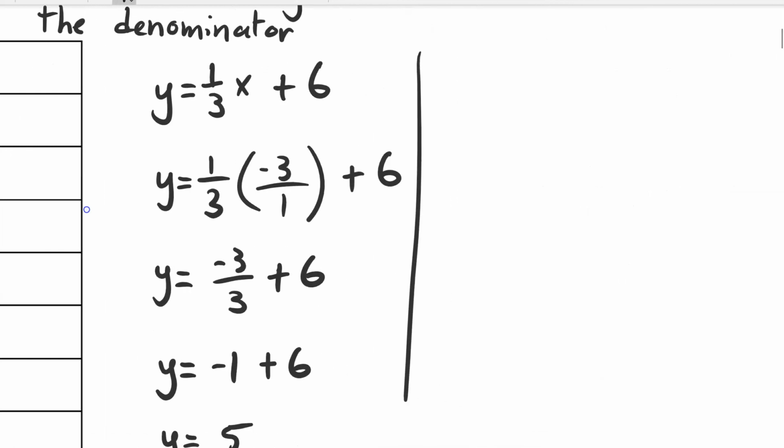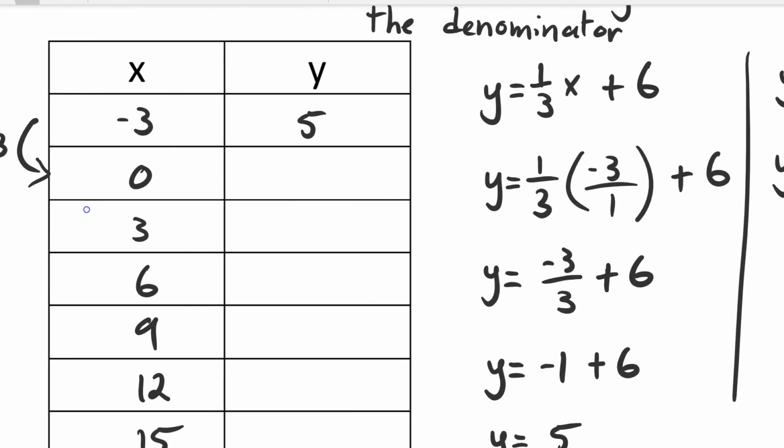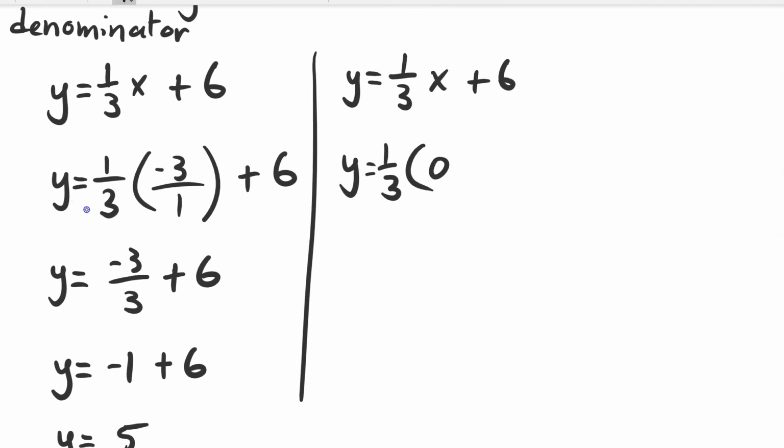Taking this further, y equals 1 over 3 x plus 6. So y equals 1/3 in brackets. Now, our next x value is going to be 0. So put in our 0, plus 6.